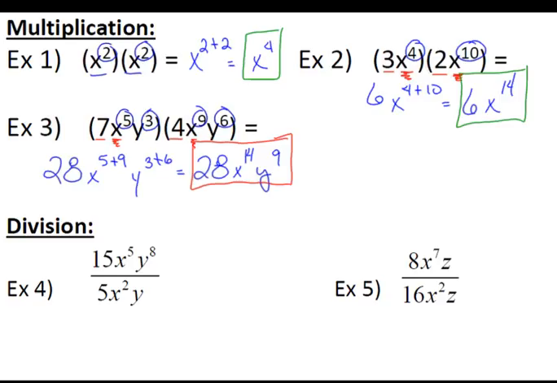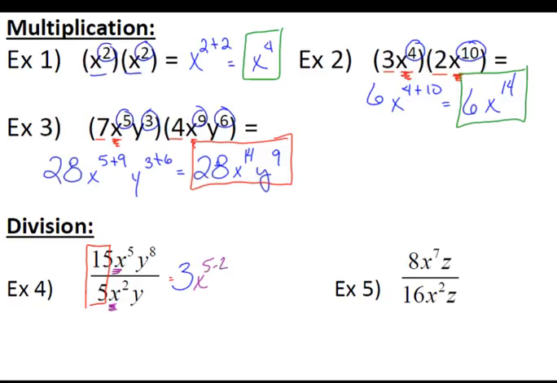For division, again, we always take care of our coefficients first. So here I'm going to take care of this one. I have 15 divided by 5. 15 divided by 5 is 3. I then have x and x. So I'm going to have x to the 5 minus 2.